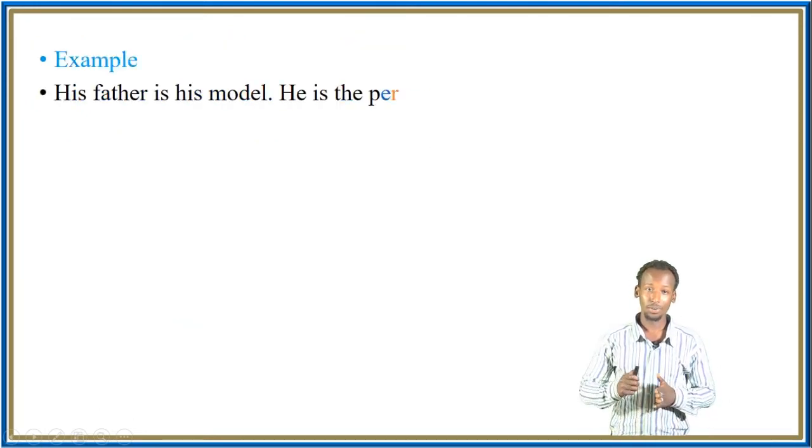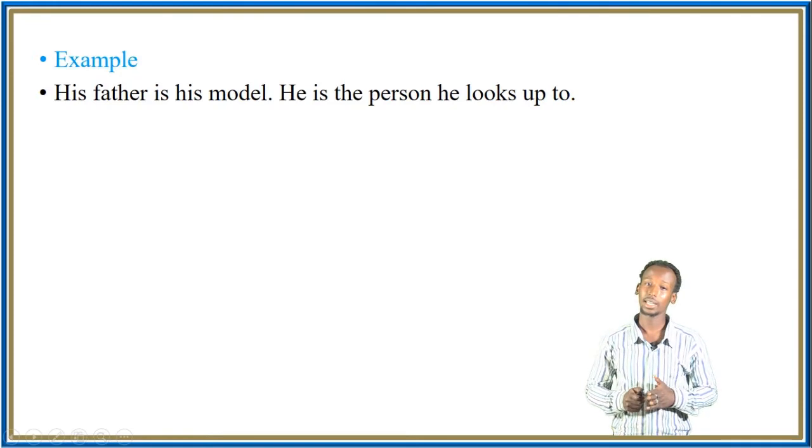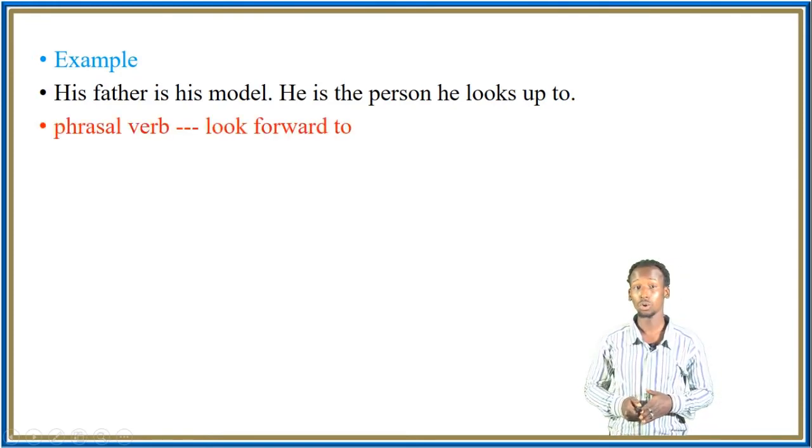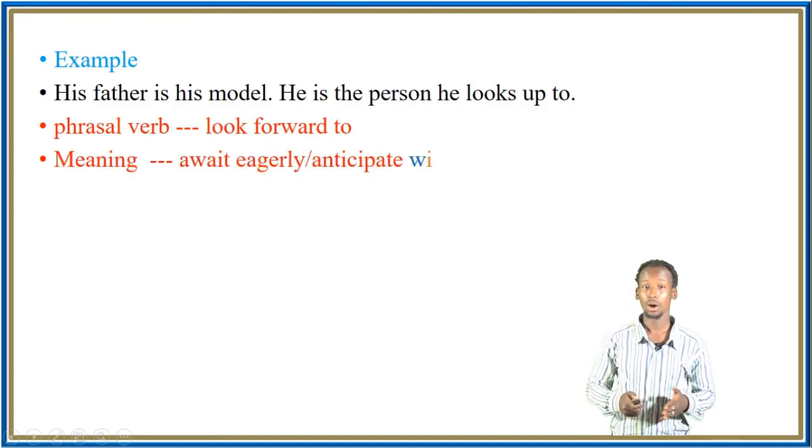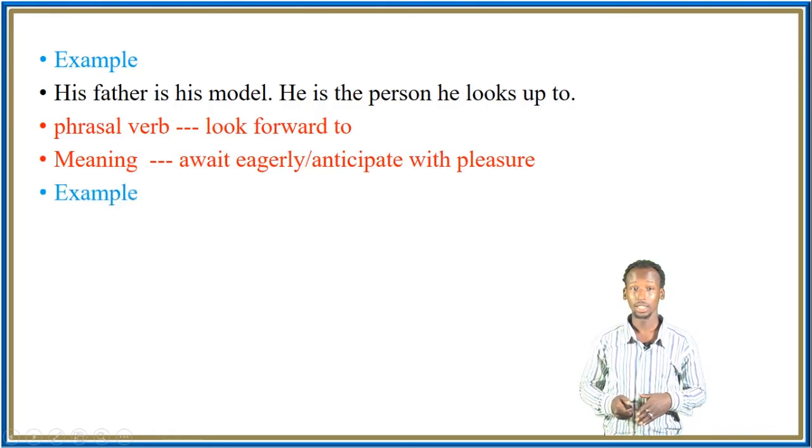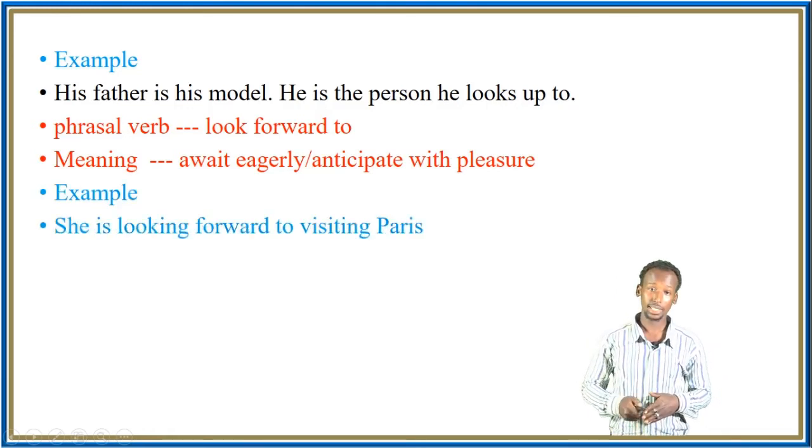Example, his father is his model. He is the person he looks up to. Phrasal verb, look forward to, meaning await eagerly, anticipate with pleasure. Example, she's looking forward to visiting Paris.